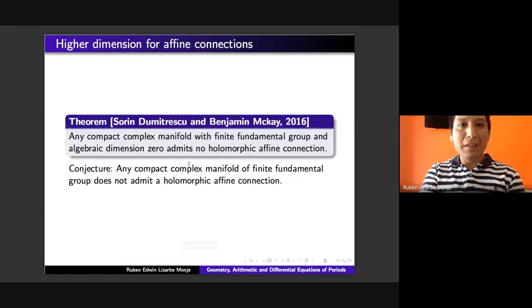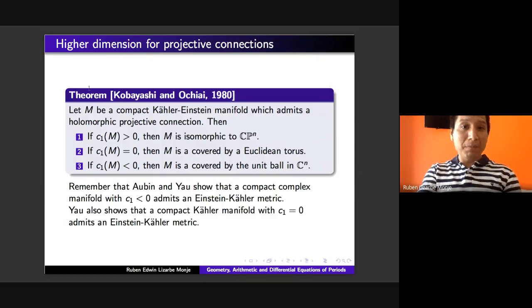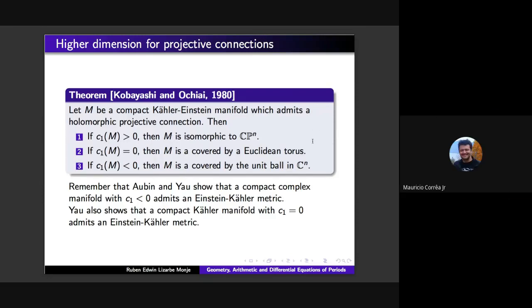This is in the case of affine connection. In projective connection, for example, Kobayashi in 1980: if M is a compact Kähler-Einstein manifold admitting a holomorphic projective connection, then there are three possibilities. The first Chern class is positive, M is isomorphic to CPn.